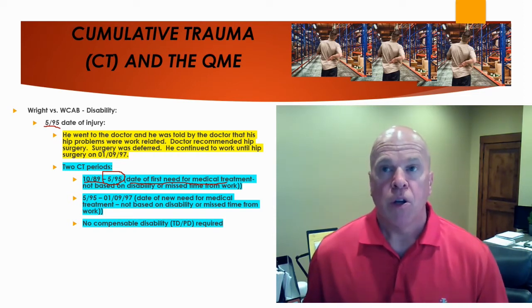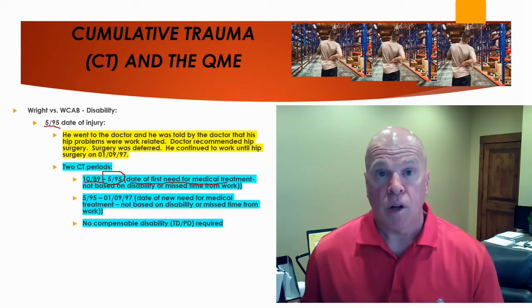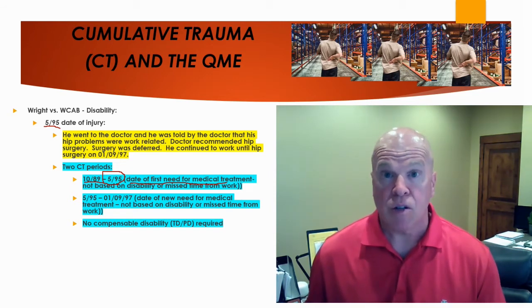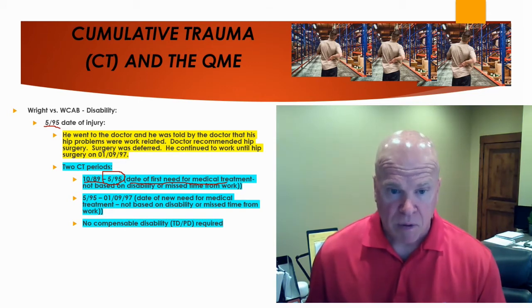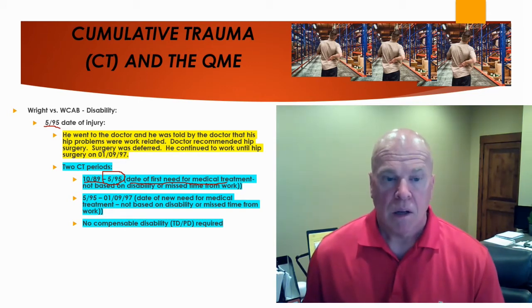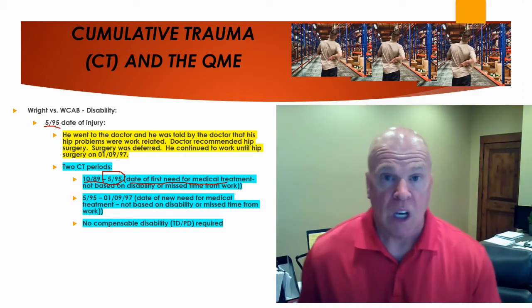Okay, so in this case, in contrast to the Wagner case, where the first medical treatment was not sufficient to establish the date of injury, in this case the date of first medical treatment was sufficient to establish the date of injury under Labor Code 5412.